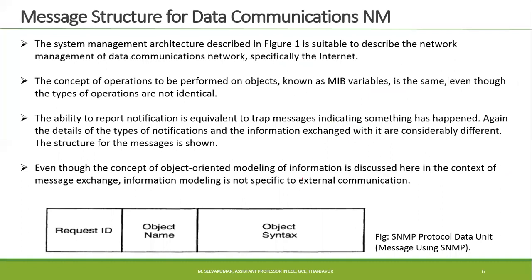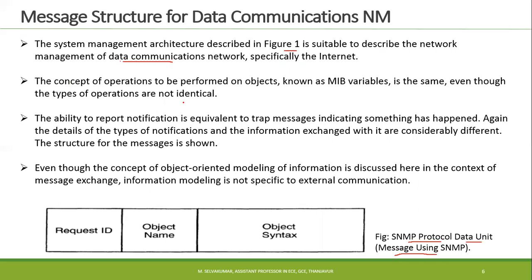Now the message structure of data communication. For data communication, it has request ID, object name, and object syntax. This is used in the simple network management protocol data unit for messaging using SNMP. The system management architecture described in figure 1 is suitable for describing the management of the data communication network, especially for the internet.